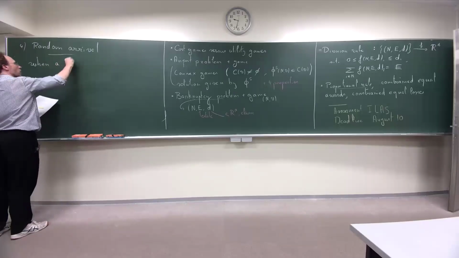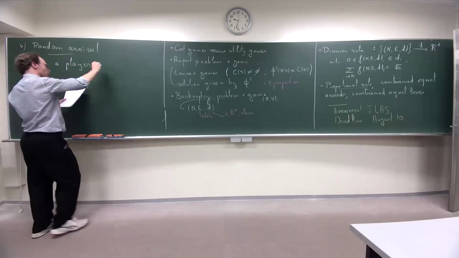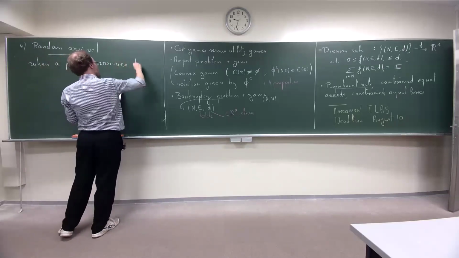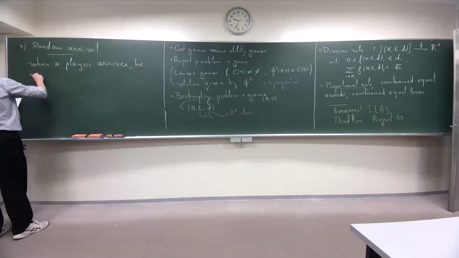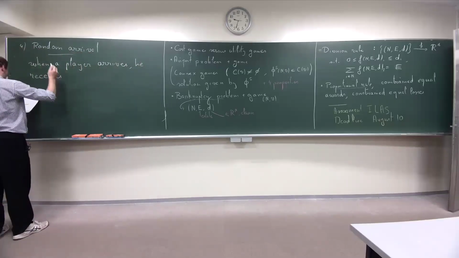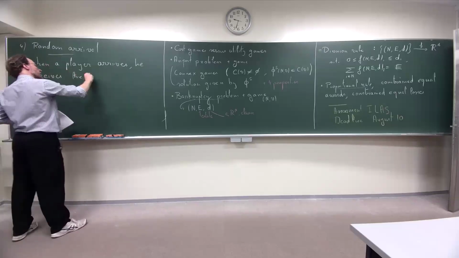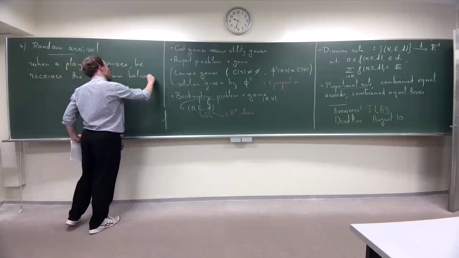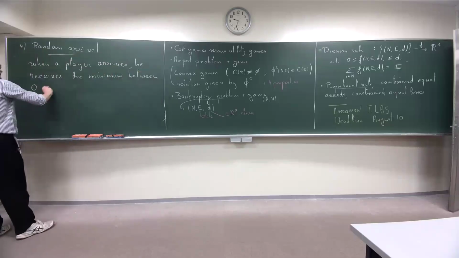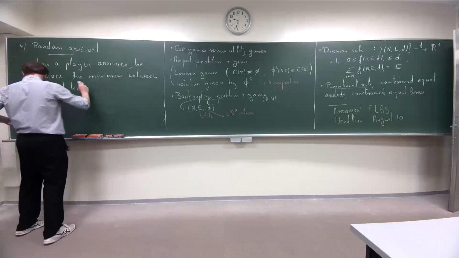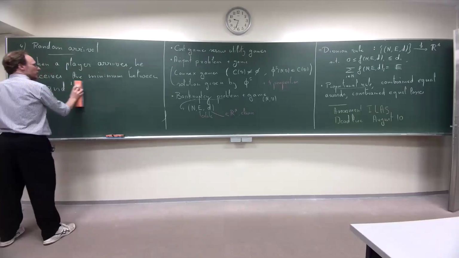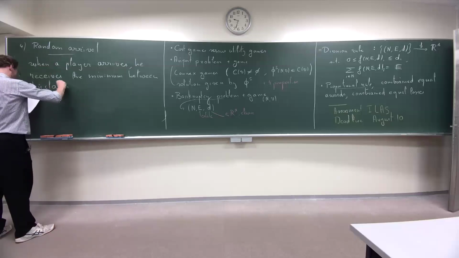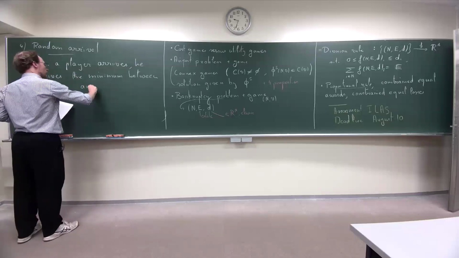When a player, an agent, arrives, he receives the minimum between his claim and what is left.